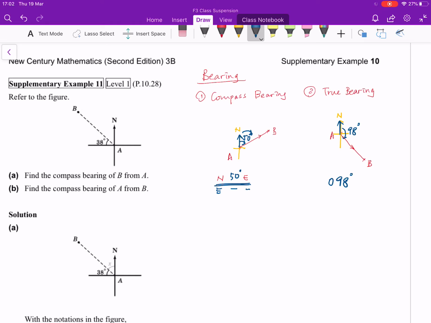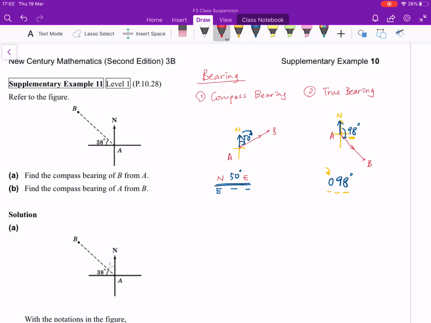So actually, true bearing means you are looking at the north direction at the beginning, and then turn your head clockwise until you can look at B. And then the angle you turned will be the true bearing. But for true bearing, we'll always have 3 digits. So for example, if this time the angle is only 89 with only 2 digits, we'll always add some zeros before it until you have in total 3 digits.